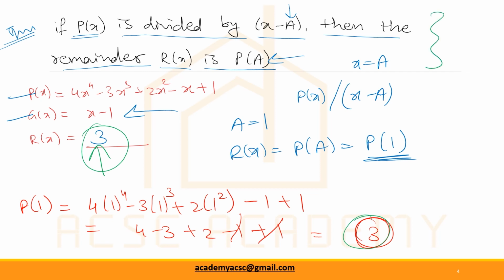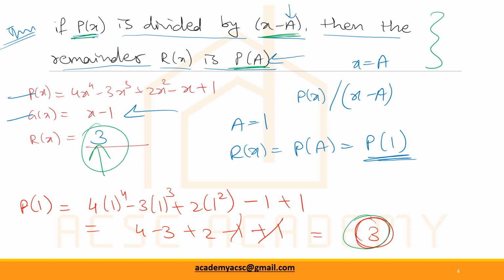What is it saying? Let us understand it properly. It is simply saying that if p of x is any polynomial that is divided by a linear equation x minus a, then the remainder has to be p of a. And it makes sense actually, because if x minus a was a root of this polynomial, then you would have got the remainder as 0 for sure.